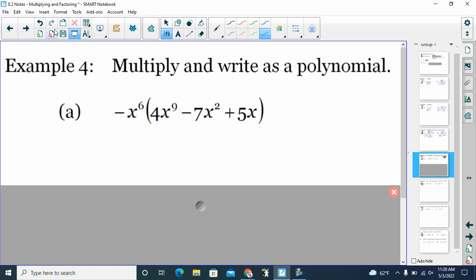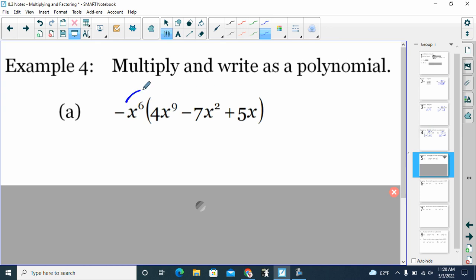Example 4, similar problem. We are asked to multiply and write as a polynomial. Negative x to the sixth times the quantity 4x to the ninth minus 7x to the second plus 5x.